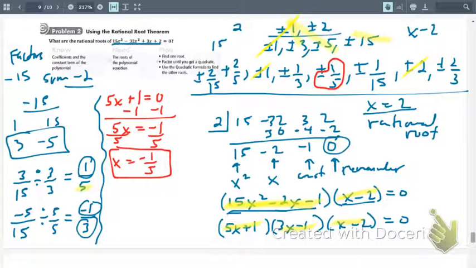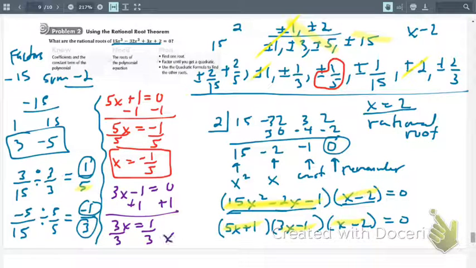All right, let's do the other one. 3x minus 1 equals 0. So we're going to add 1 to both sides. So we get 3x equals 1. Divide by 3. x equals 1/3. x equals positive 1/3 is in my list.